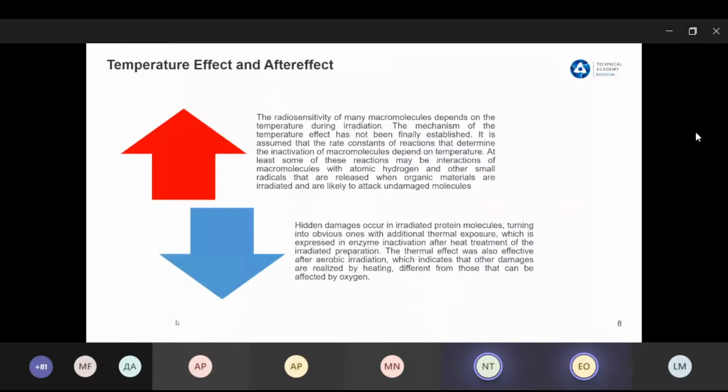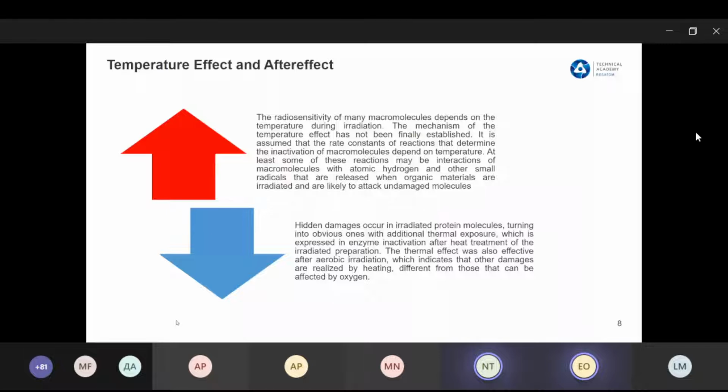Temperature effect. Radiosensitivity of many macromolecules depends on the temperature during irradiation. The mechanism of the temperature effect has not been finally established. It is assumed that the rate constants of reactions that determine the inactivation of macromolecules depend on the temperature.